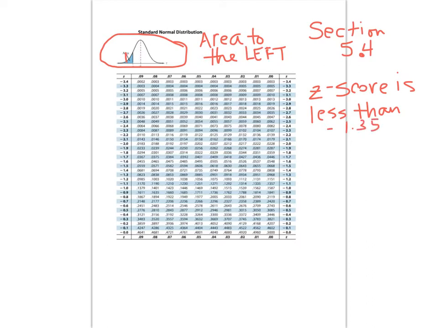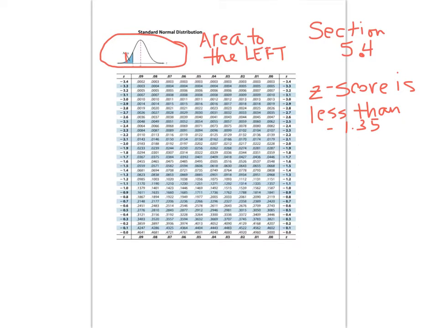Our table reads to the left. You can think of less than to the left, greater than to the right. The way we use this table is just to make it more compact. They designed the table so that it's only one page for all the negative z-scores.